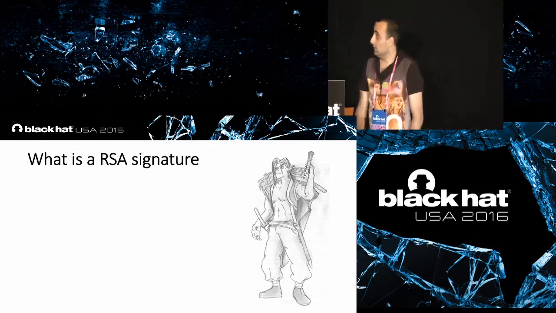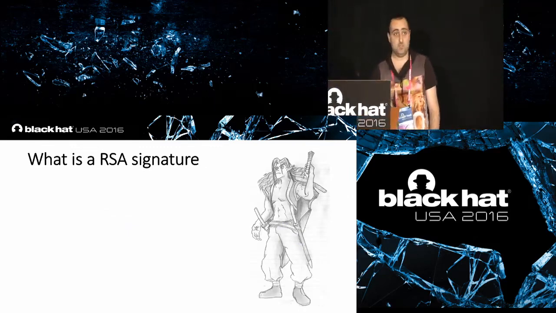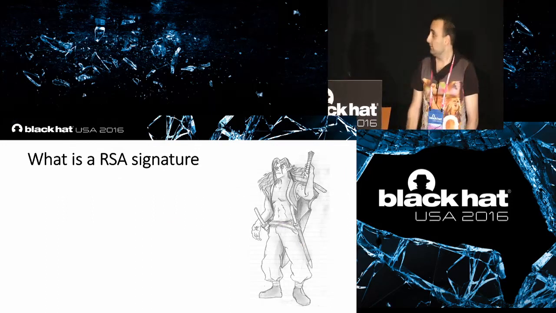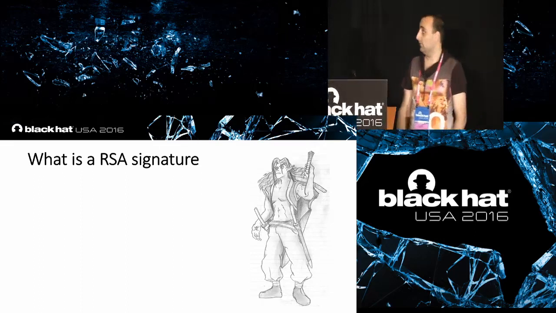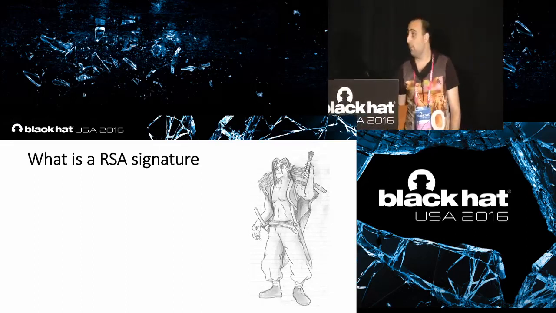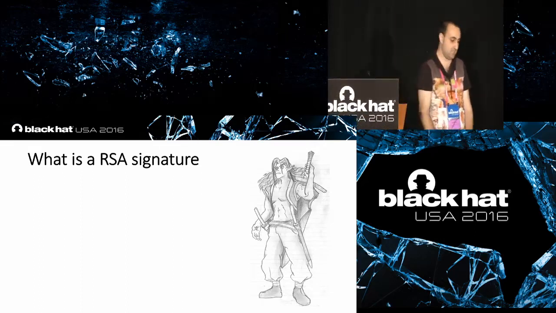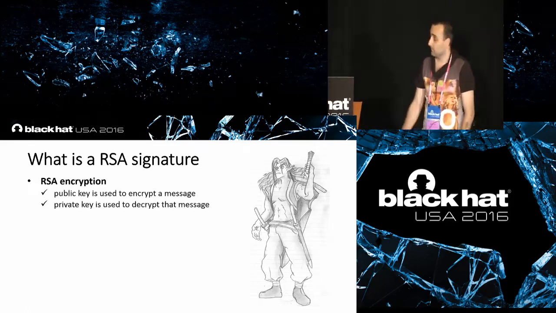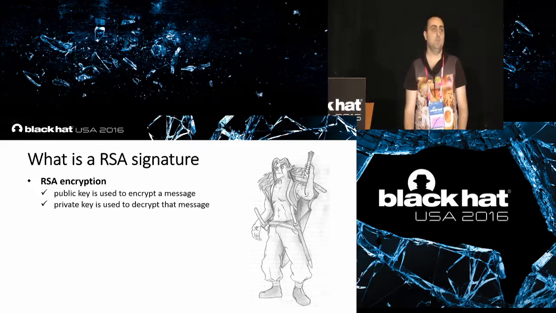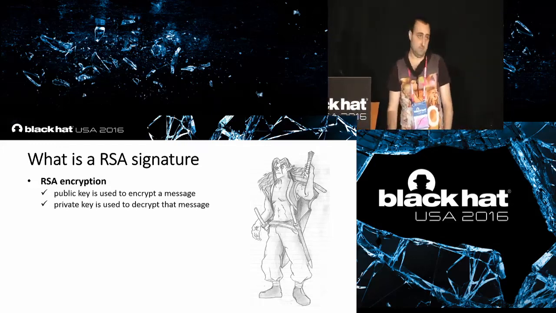So, for this topic, it's very important to give a brief introduction about how RSA works, so a brief introduction about public key encryption, and especially it is very important to cover the concept of digital signature. With RSA, we own a couple of keys.